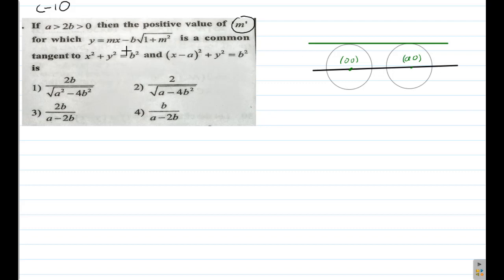So y equals mx minus b into root over 1 plus m square is a common tangent. The equation of the green line is y equals mx minus b into root over 1 plus m square. This is the slope form of a tangent equation, tangent to both circles. Then what you should find is the value of m.